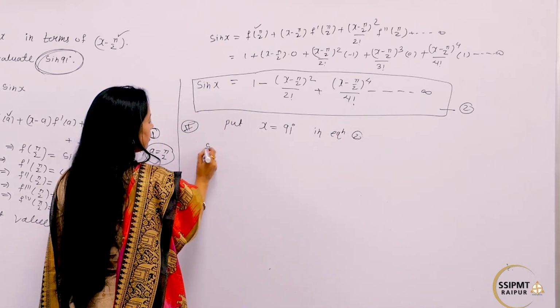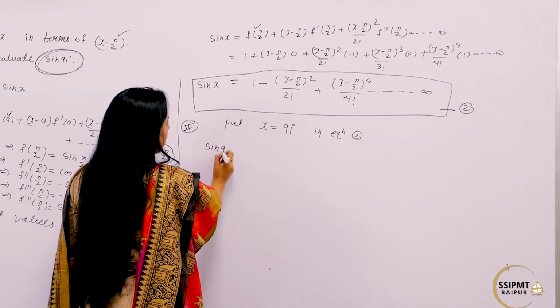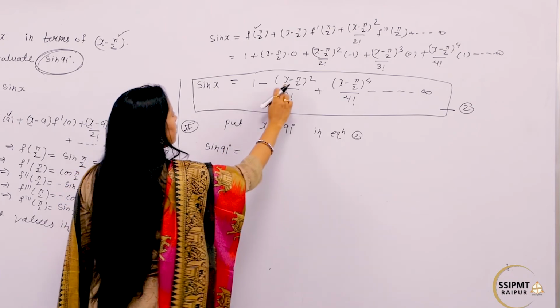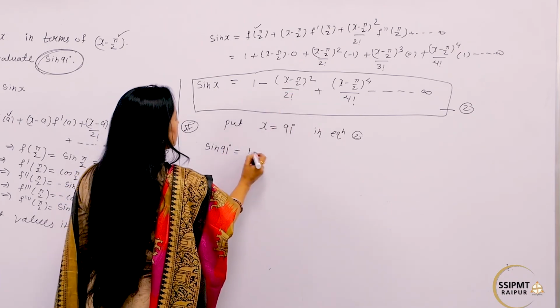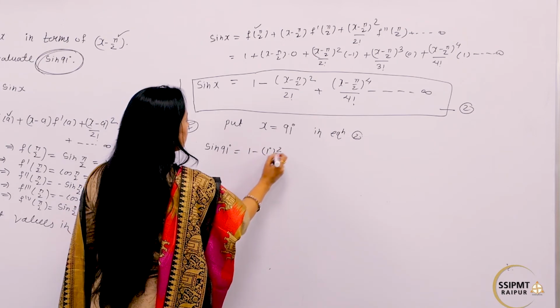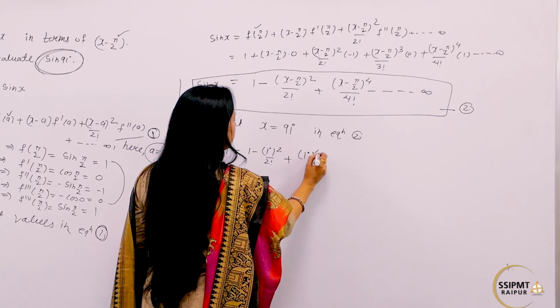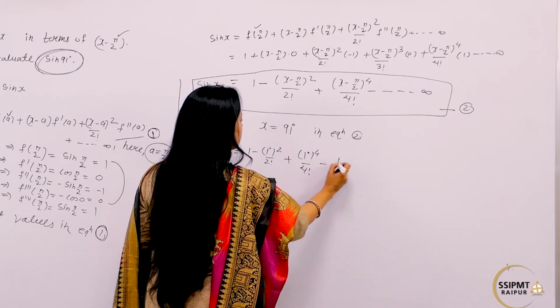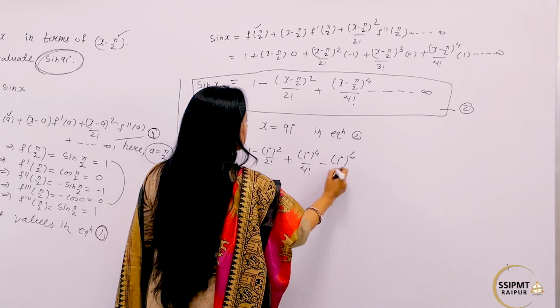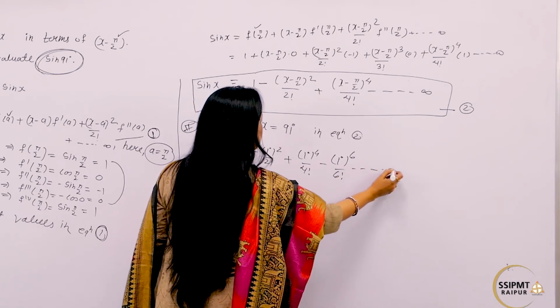So sine 91 degree is 1 minus, since 91 degree minus 90 degree gives us 1 degree, 1 degree square by factorial 2 plus 1 degree to the power 4 by factorial 4 minus 1 degree to the power 6 by factorial 6 and so on up to infinity.